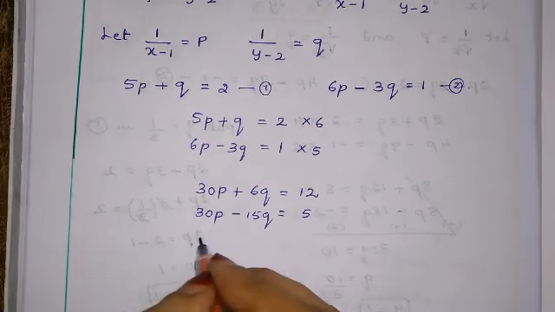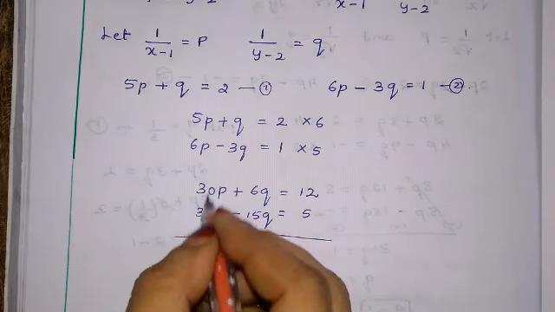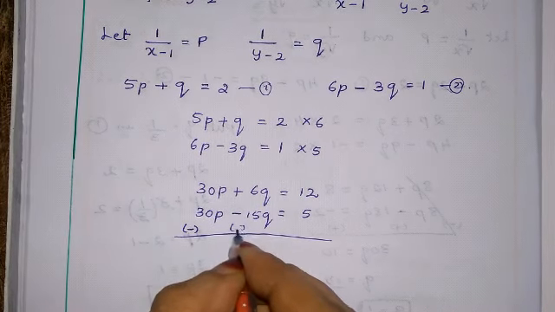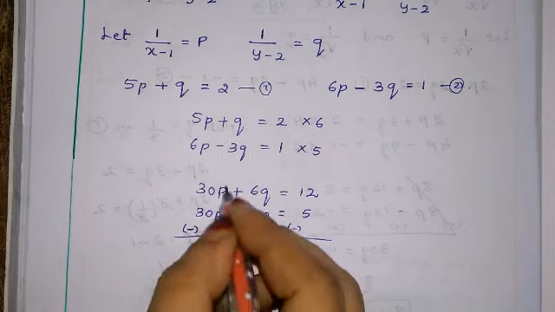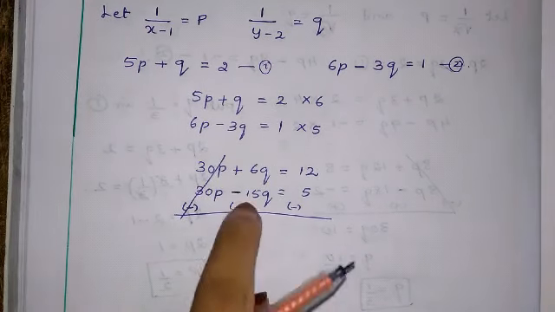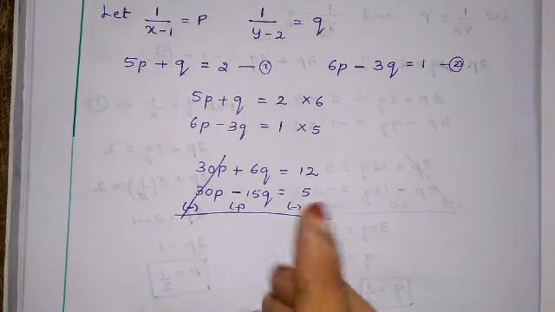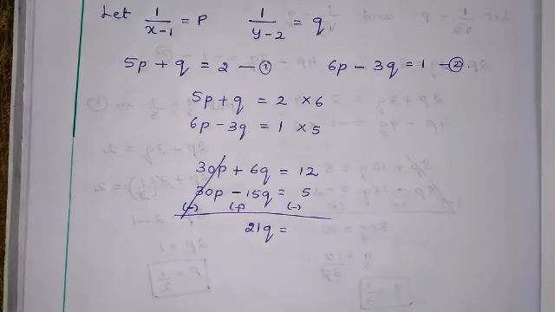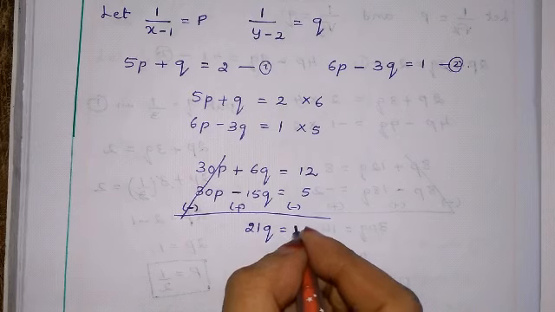Okay, now we can reduce, but 30p both are positive. We have to change the sign. Minus here, plus, minus. 30p reduced. Both plus, 15 plus 6, 21q is equal to 12 minus 5, which is 7.